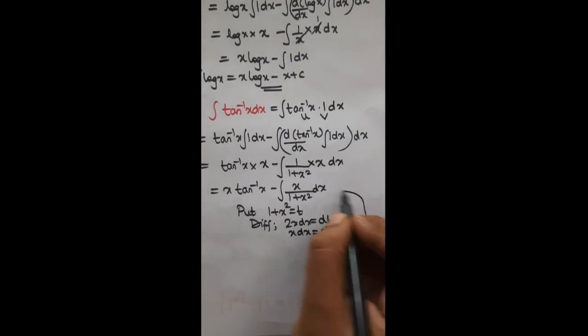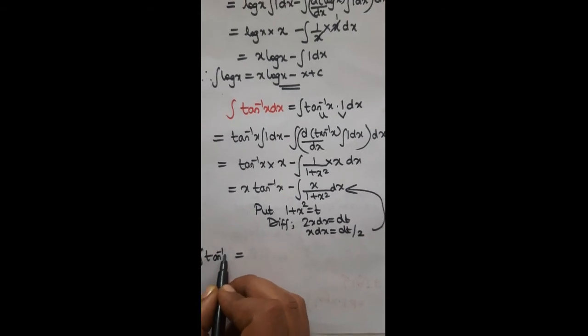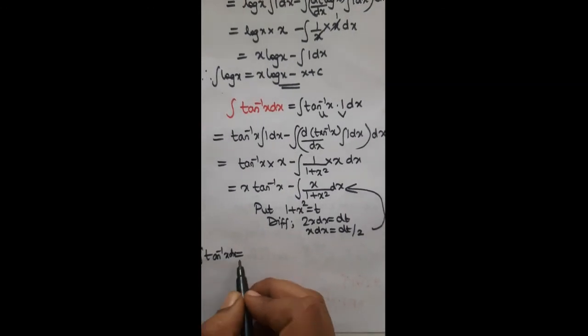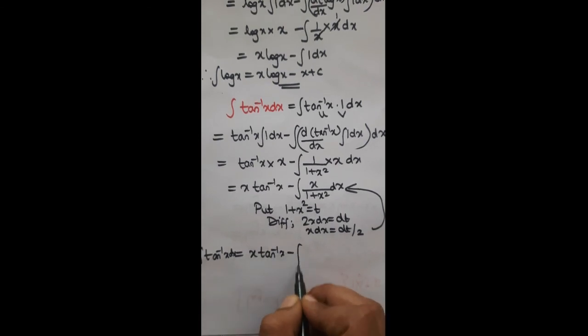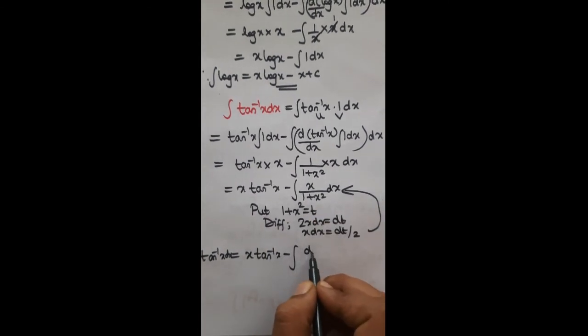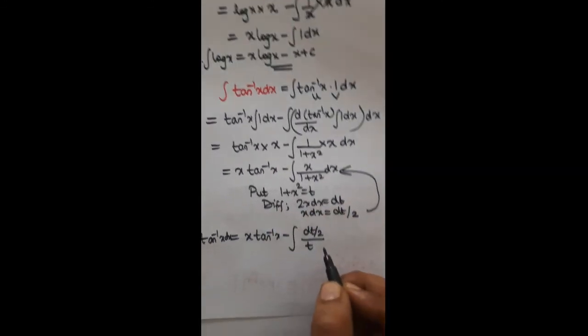So substituting it here, I will get the integration of tan inverse x as x tan inverse x minus x dx is replaced by dt upon 2 upon 1 plus x square is replaced by t.